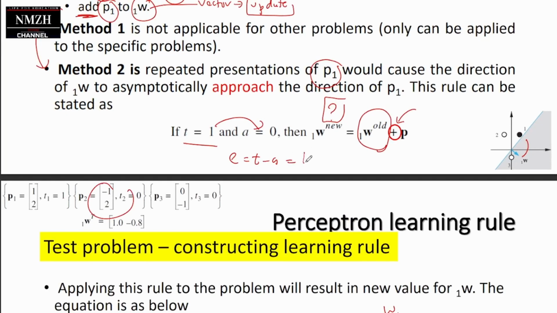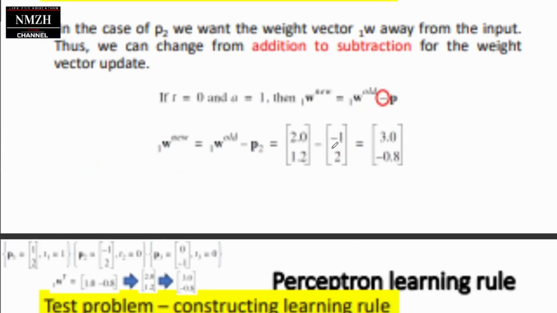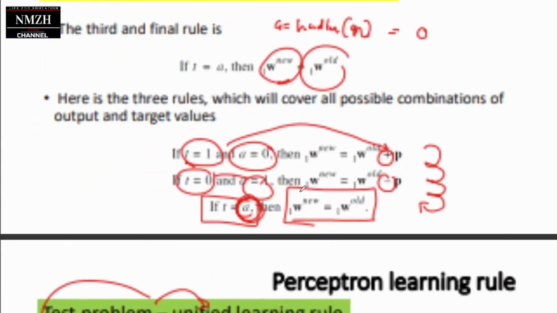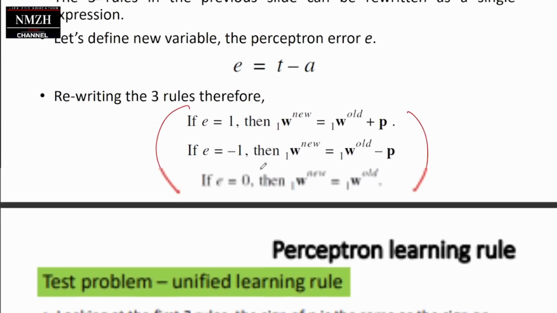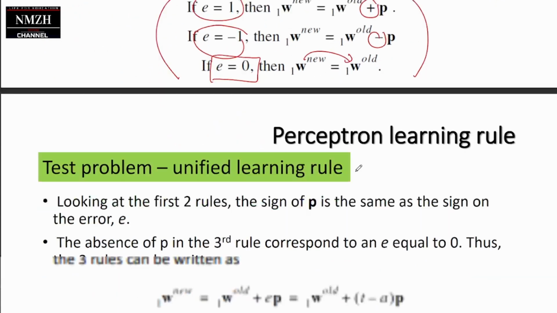So 1 minus 0 is 1. So that would be the first rule. And the other one is this one. E is t minus a is minus 1, right? So that would be the second one. So we can conclude by having the three rules. Error equal 1 or error equal minus 1, there will be plus and minus. And this will be no error means equal. So that would be the simple rule to be concluded over here, right?